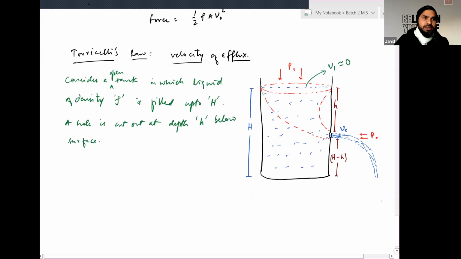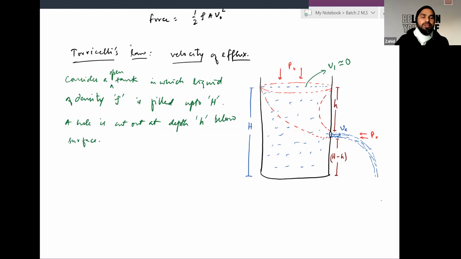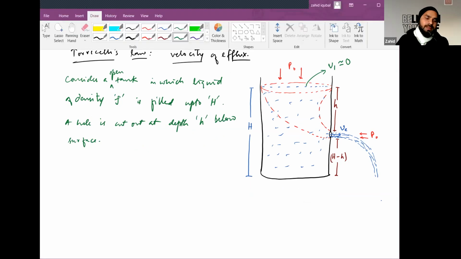So we may define Bernoulli's principle to get velocity of efflux, or VE.